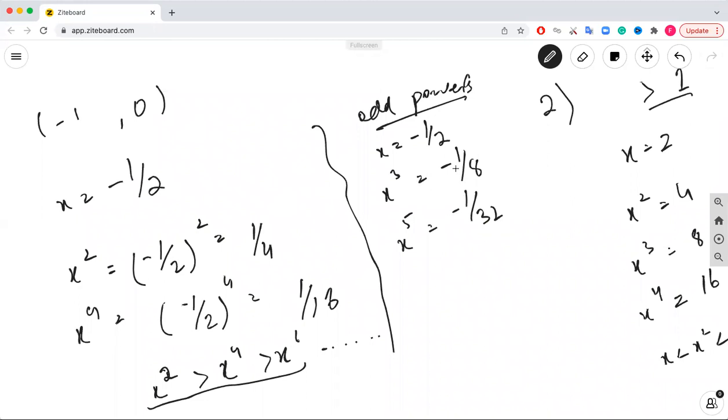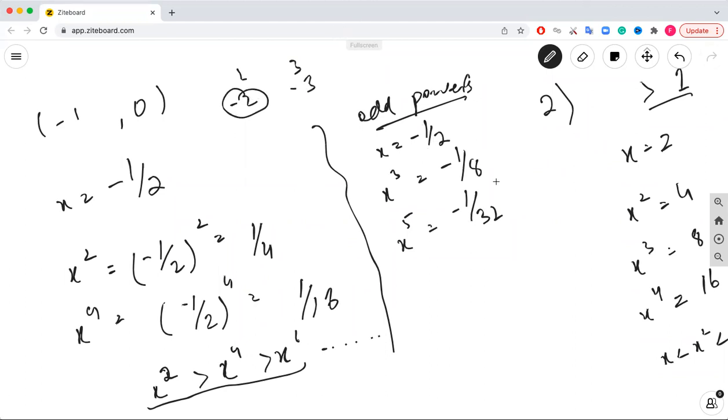Now, remember one thing: if we consider the positive values 2 and 3, 3 is greater. But if we consider the negative values, -2 and -3, the smaller one is greater, right?